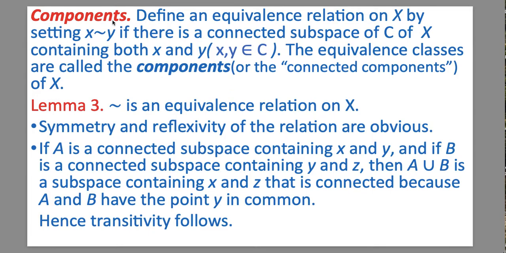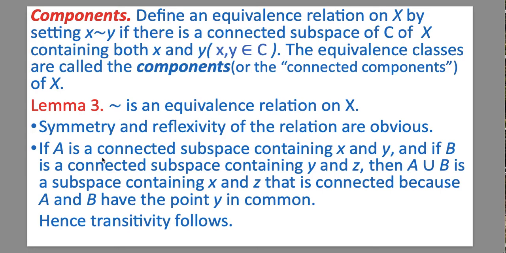This relation, defined by there being a connected subspace C of X containing both x and y, is an equivalence relation on X. To prove that it is an equivalence relation, we need three things: symmetry, reflexivity, and transitivity. Here, symmetry and reflexivity of the relation are obvious.